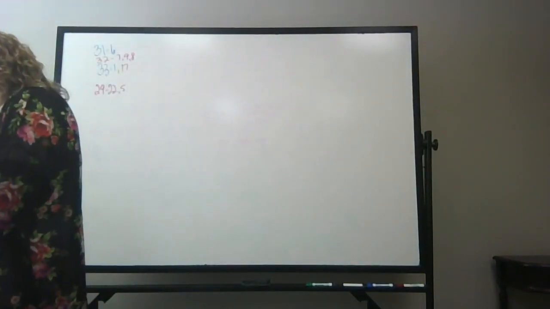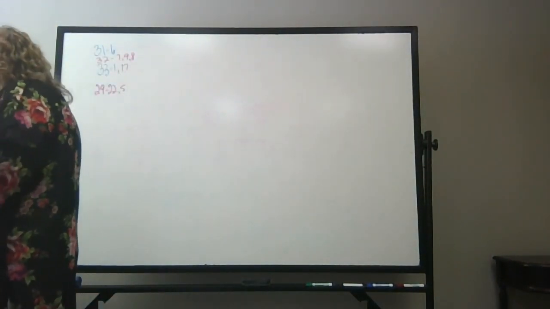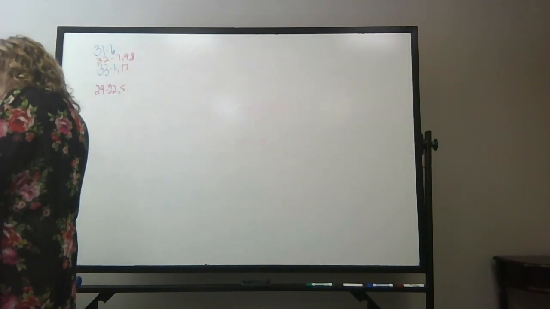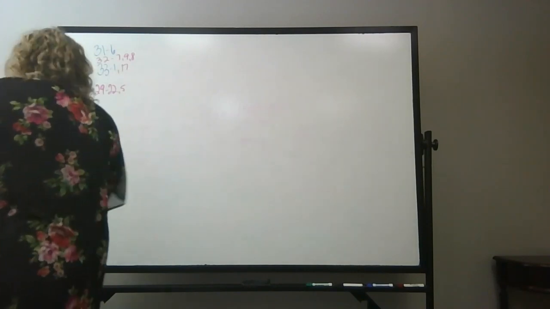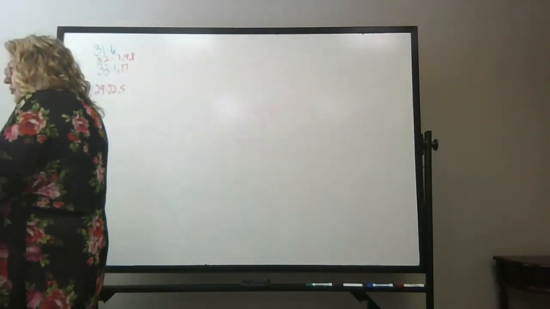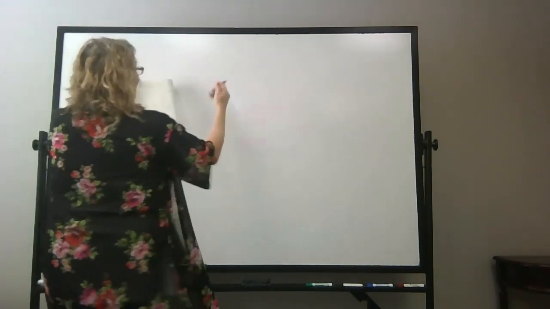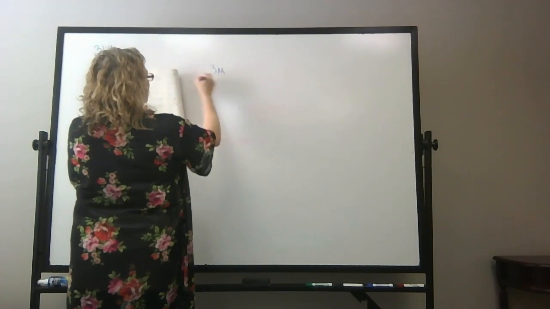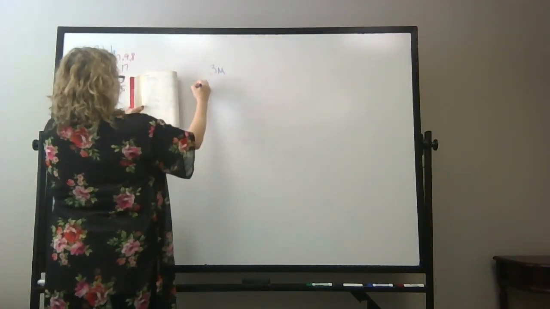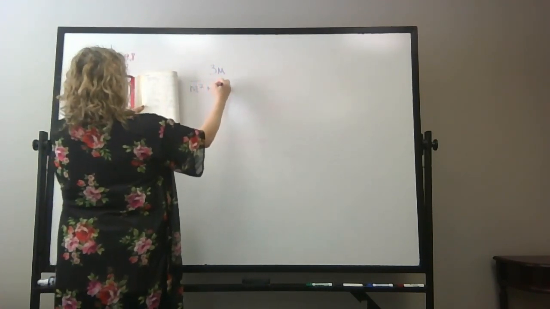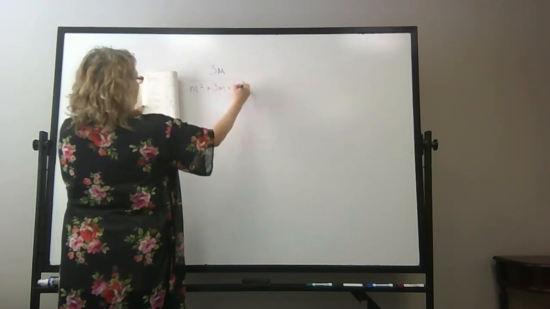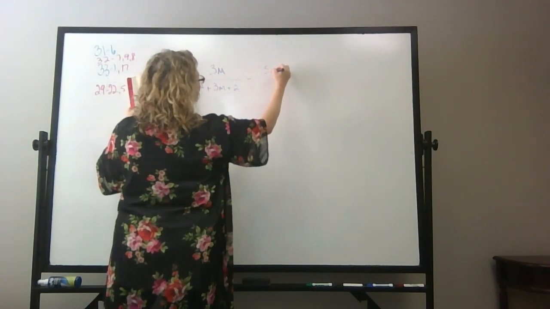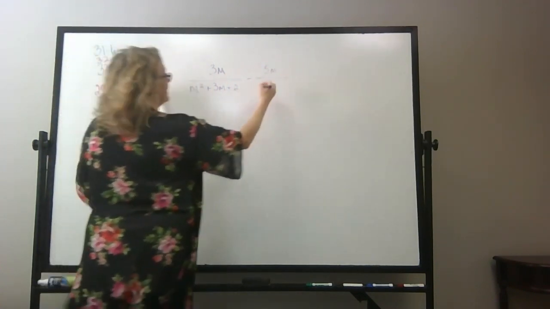Here we have two fractions that we need to add together: 3m over m squared plus 3m plus 2, minus 5m over m plus 1.